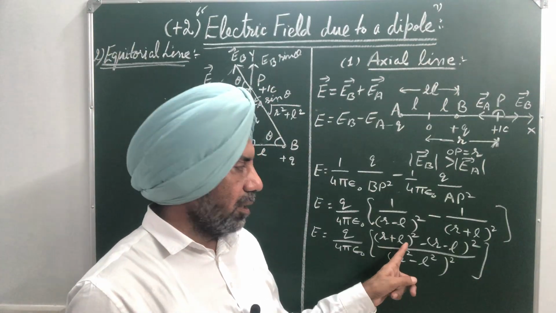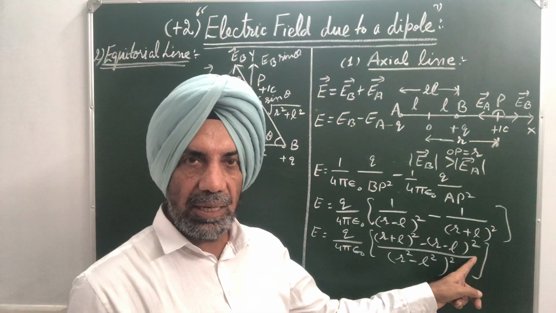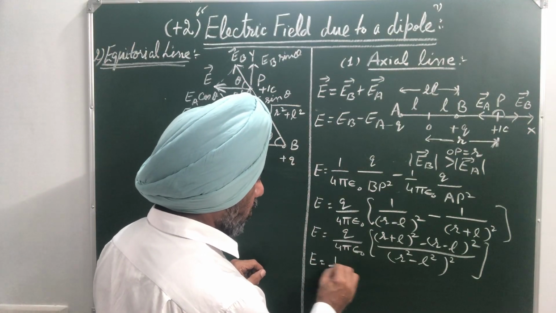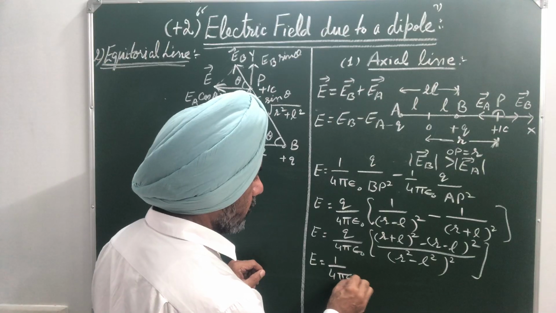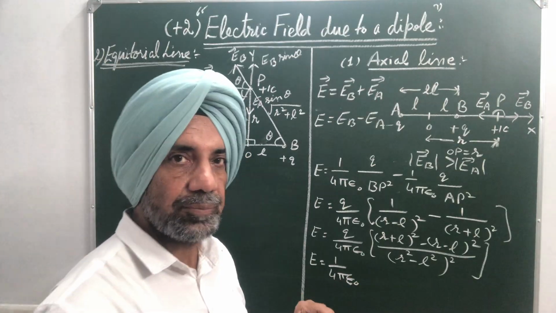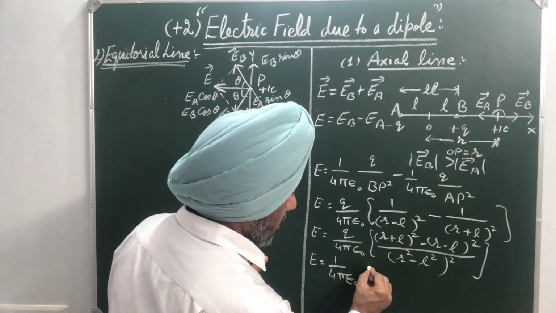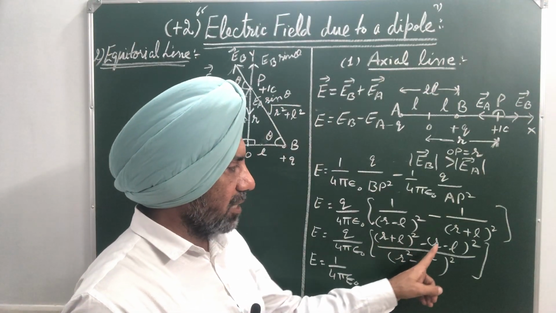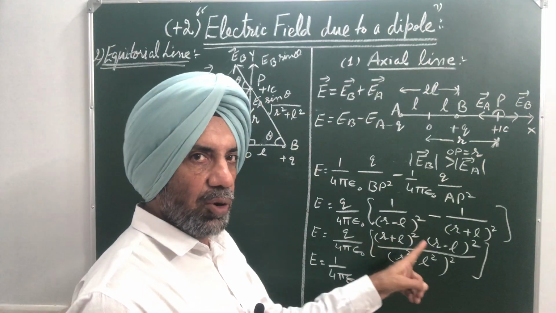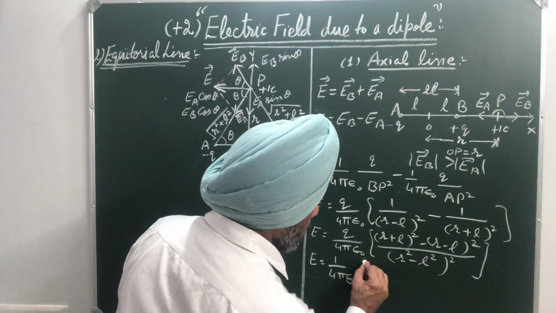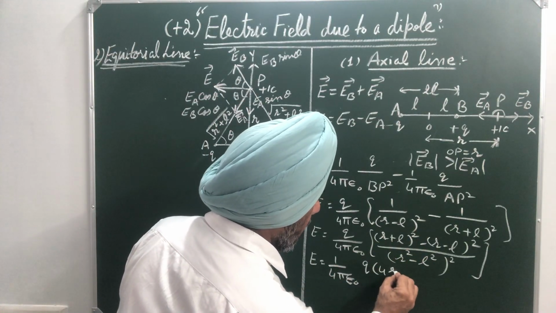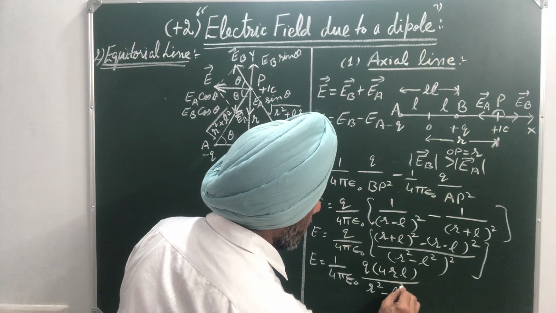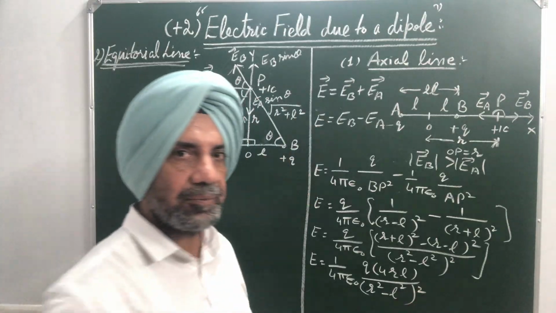Now (A plus B) whole square minus (A minus B) whole square is equal to 4AB. So (R plus L) whole square minus (R minus L) whole square is equal to 4RL. So E will be 1 over 4 pi epsilon naught times q into 4RL over (R square minus L square) whole square.